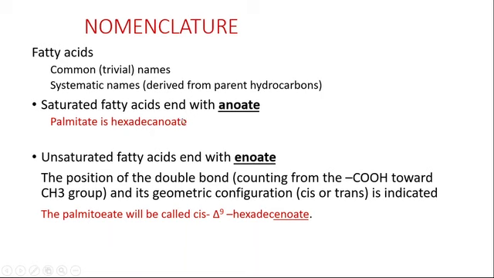So 16 carbons and saturated. In unsaturated fatty acids, you see it is -enoate. So you have palmitoleate, which is unsaturated, hexadecenoate. So -enoate means that it is unsaturated, just like you have alkanes, which are saturated, and you have alkenes, which are unsaturated.